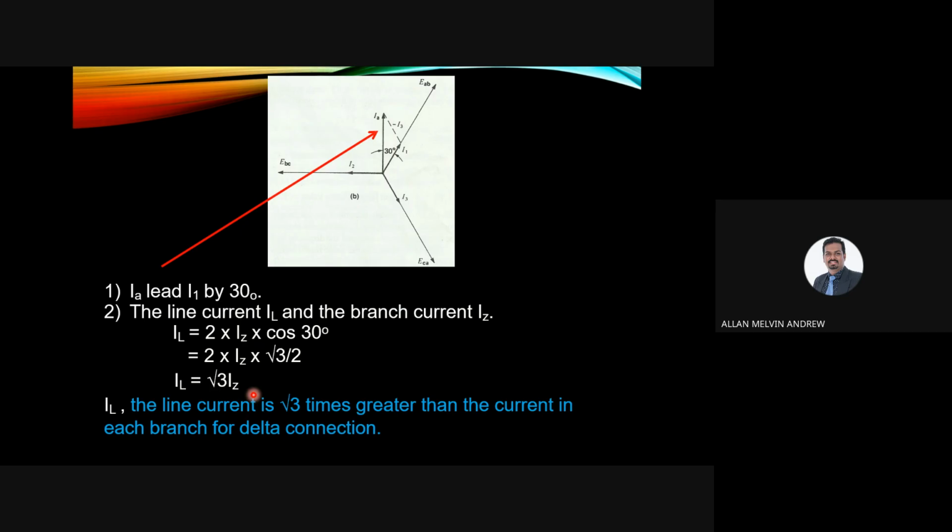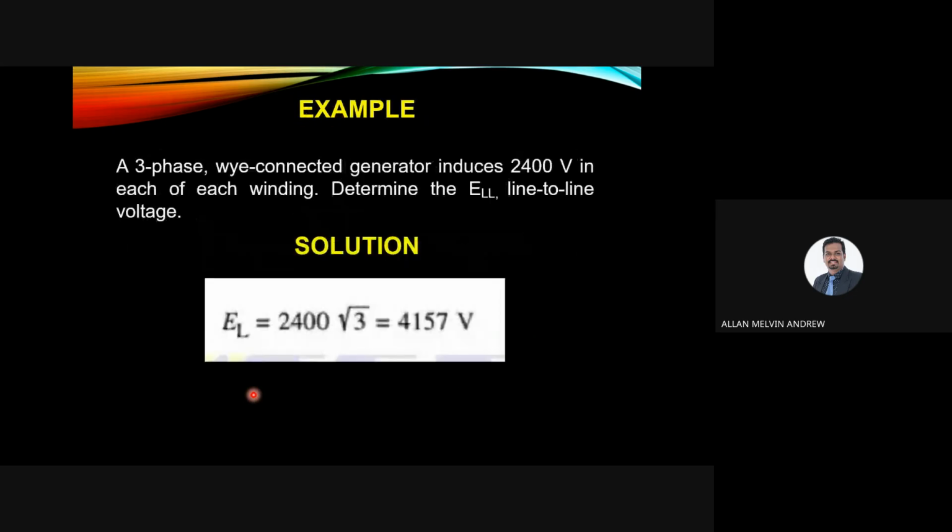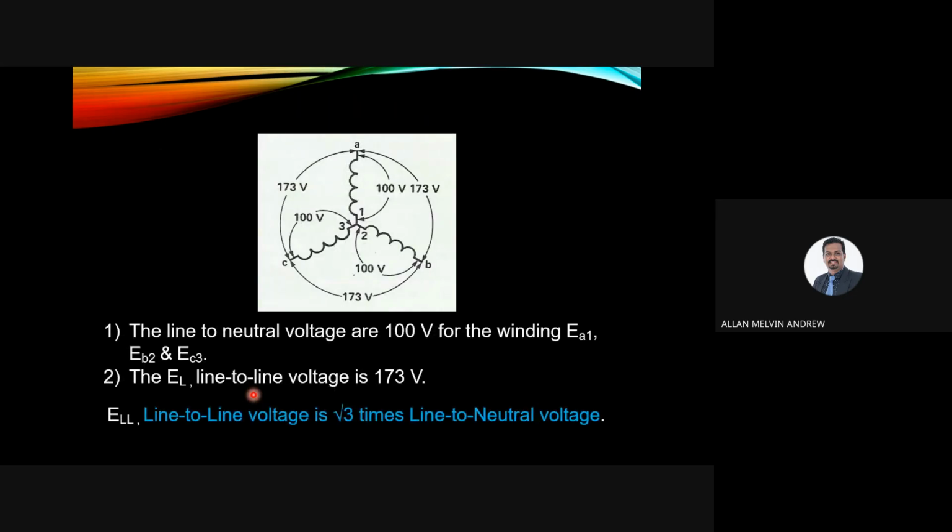Initially we saw EL is square root of 3 times the line-to-neutral voltage.